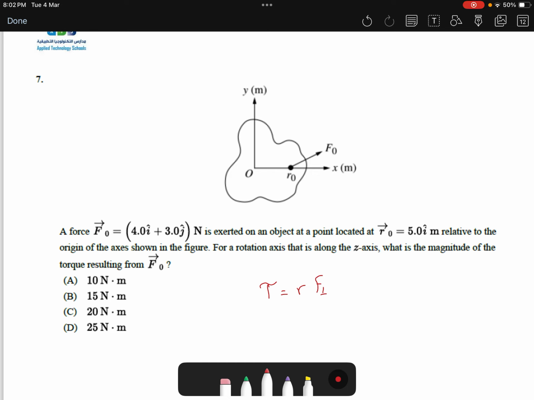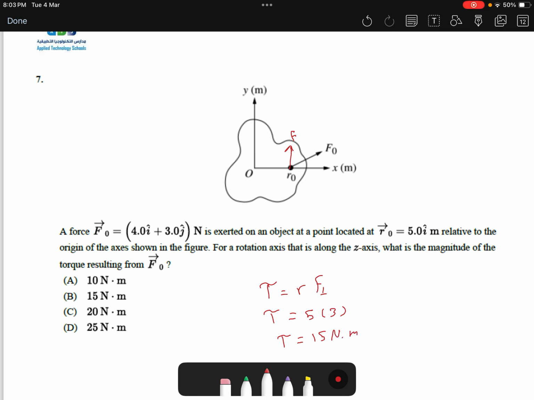Now, F perpendicular in this case is the y component of F. So we can say tau equals R times the y component. R is 5, the y component is 3, and tau equals 15 Newton meters.